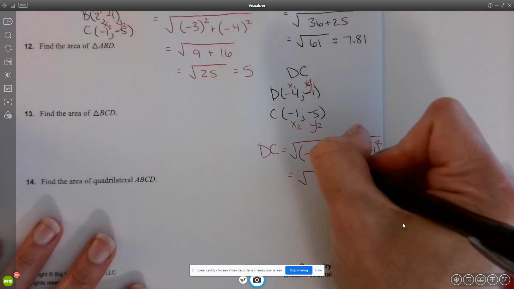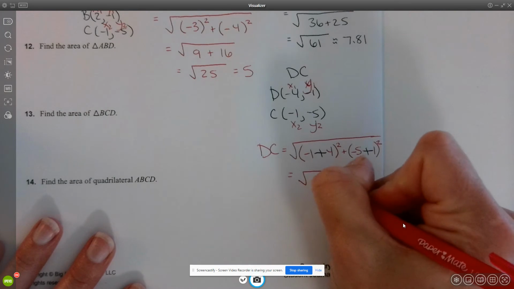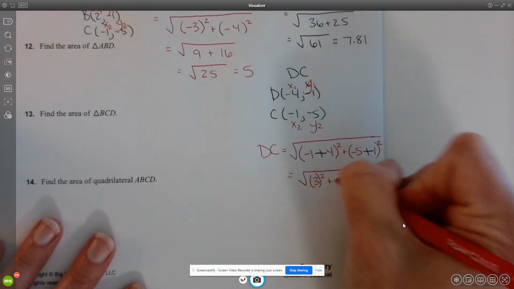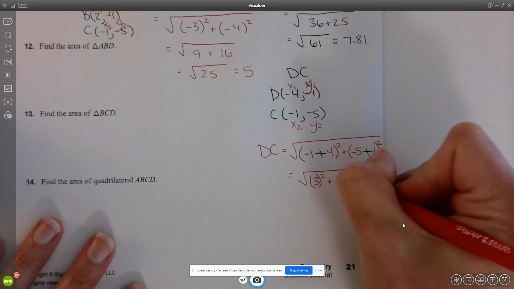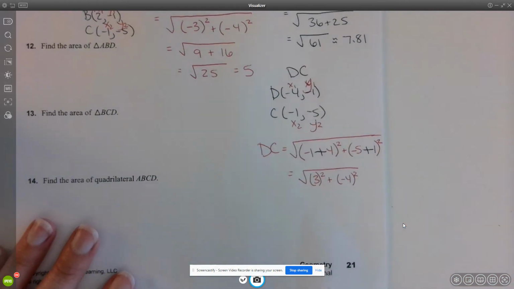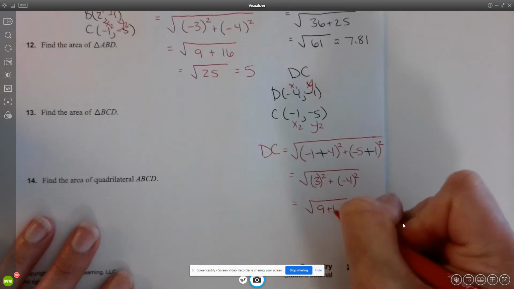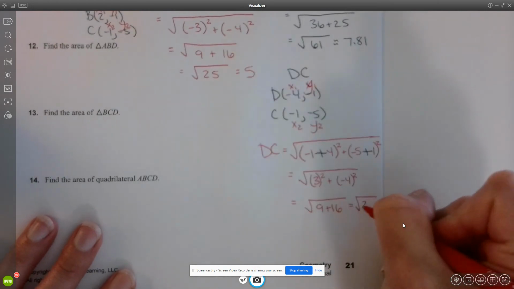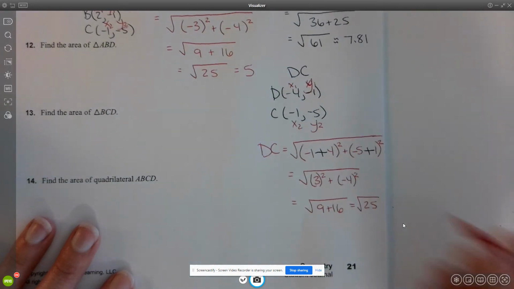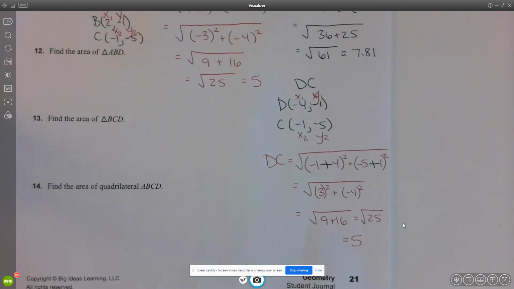I'm going to turn those into big plus signs. And you'll notice that this side of the quadrilateral is also 5.